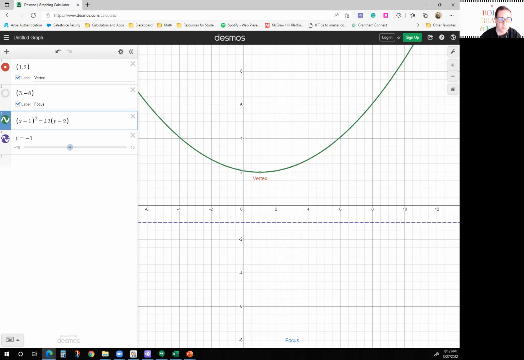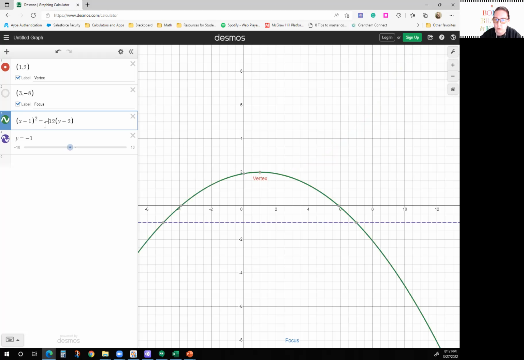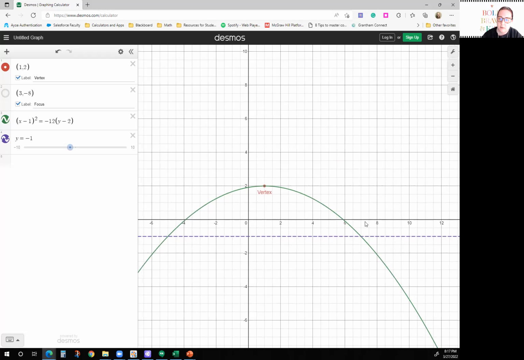If you put a negative here, let's say you forgot to divide by the negative, and you saw something like this going through your directrix, that tells you, oops, you messed up. So that's a check you can do, just to make sure you're not crossing it. It should be going away from it.